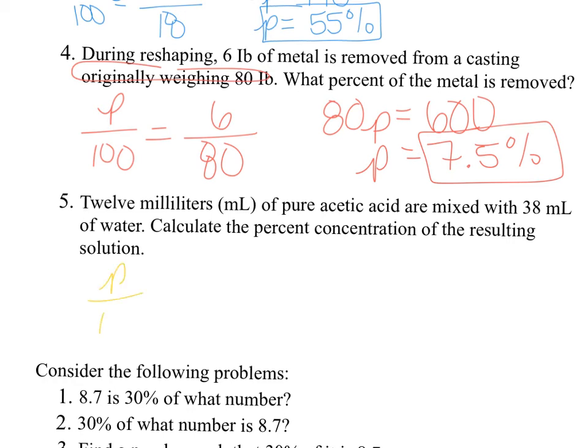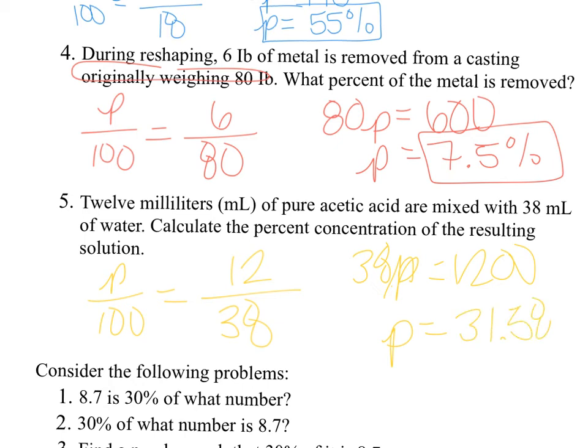So we are looking for P still, and we know that 12 milliliters is mixed with a whole of 38 milliliters of water. You can cross multiply to solve here, so 38p equals 1200. Divide by 38, and you should get 31.58%, and this is with me rounding.